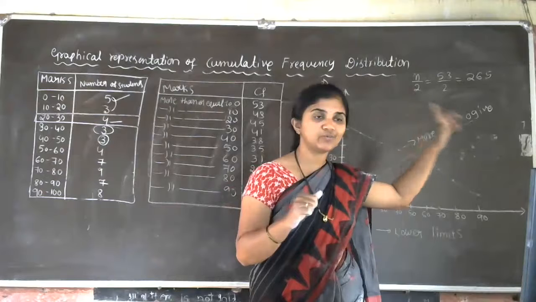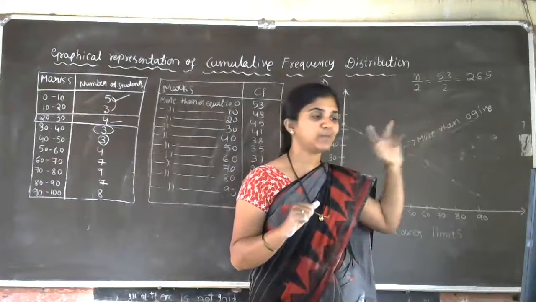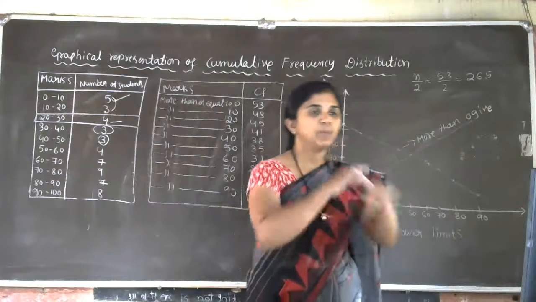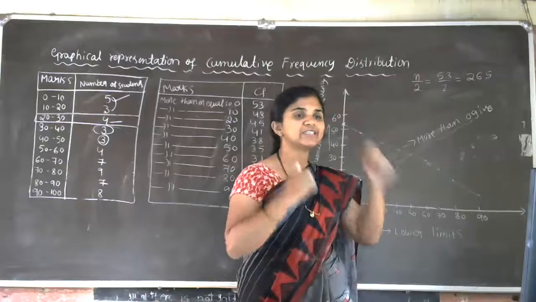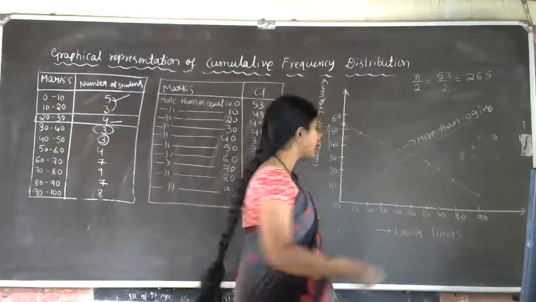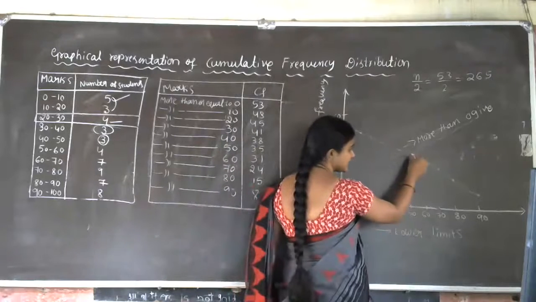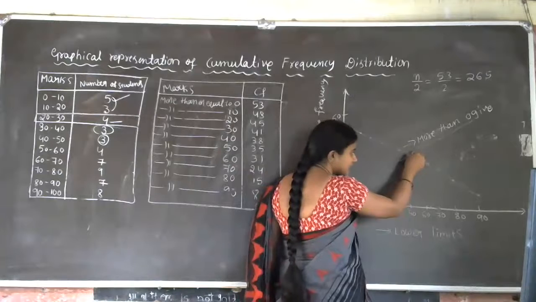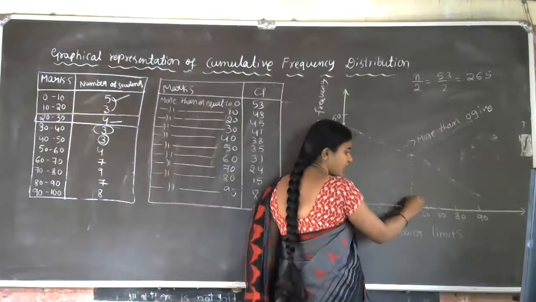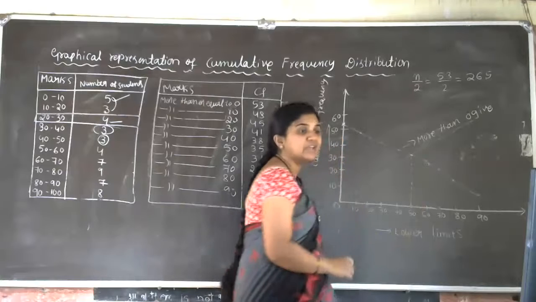Now there is no need to follow the n by 2 method. Here you will get the median directly. Both ogives intersect at one point. Are you noticing that intersecting point? From that intersecting point, you have to come downwards, and you will get the median from that data.